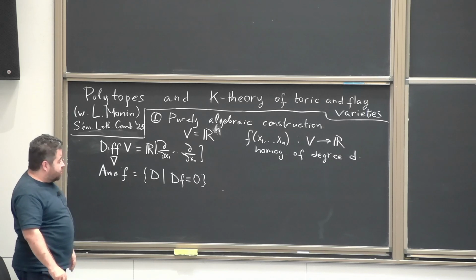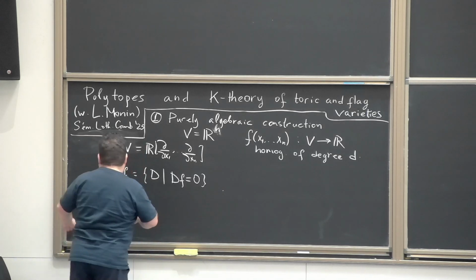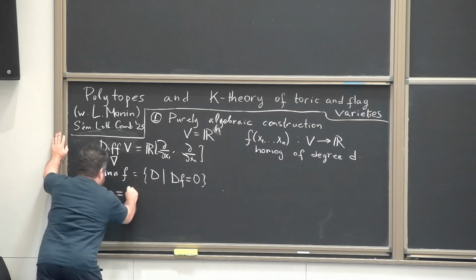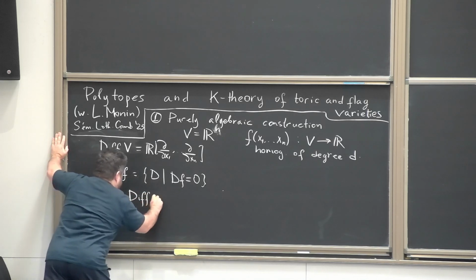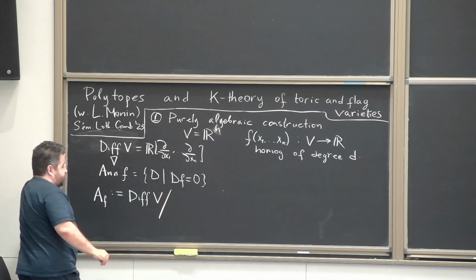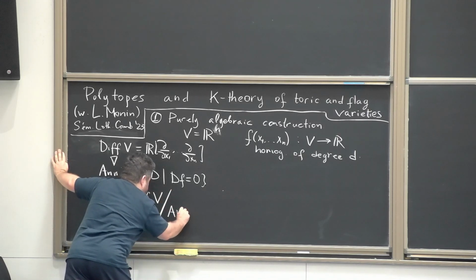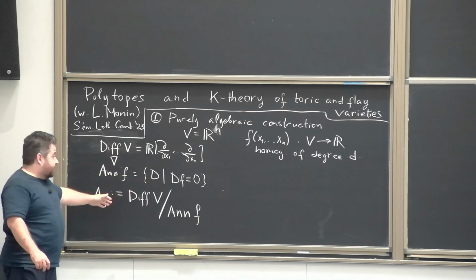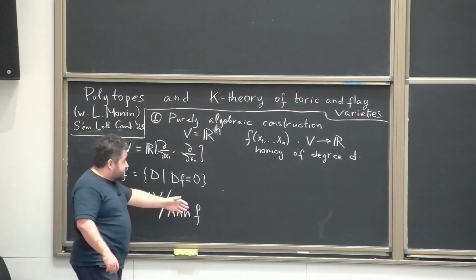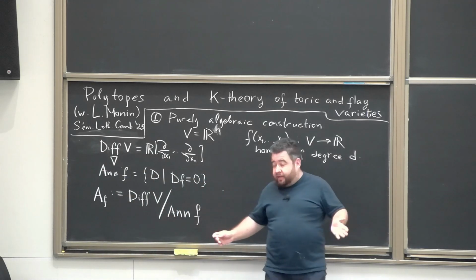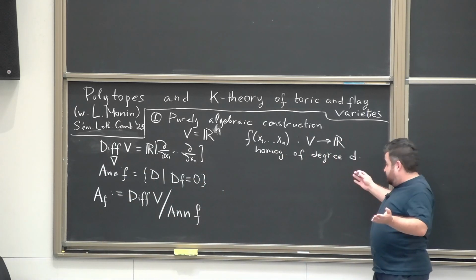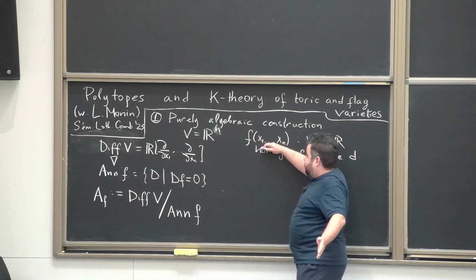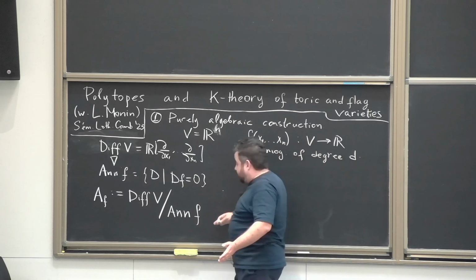And the quotient, which I will denote by A_f, by definition the quotient of these differential operators by the annihilator of f, is the ring which I will produce starting with f. So here is the construction: given a homogeneous polynomial in n variables, I produce a ring.